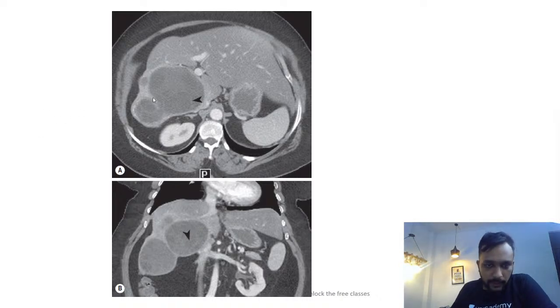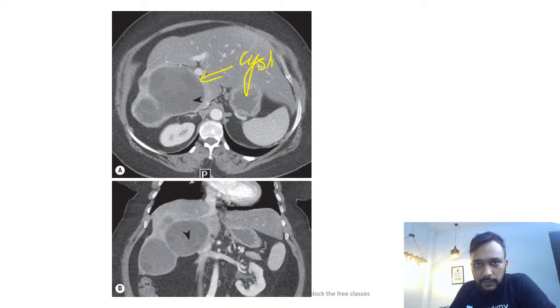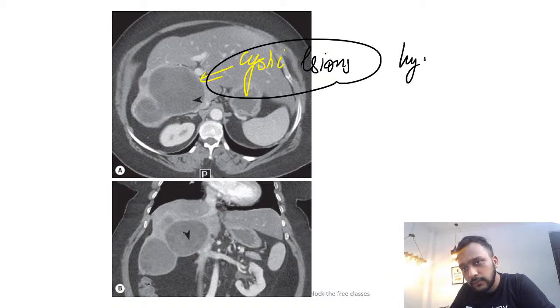If you appreciate within this image, guys, we can see multiple cystic locules. So these cystic lesions are basically your hydatid cyst of the liver.